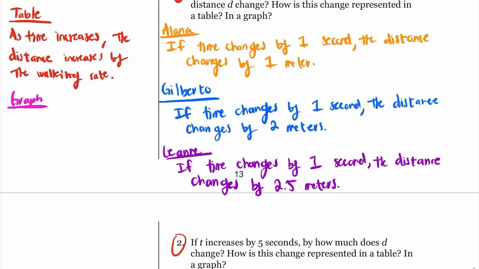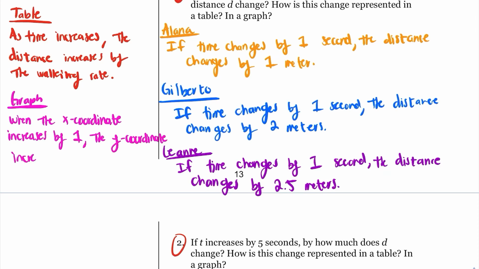Well, what about in the graph? How do we see these relationships? If time changes by 1 second, the distance changes by 1 meter. How do we see that in the graph? If you were to write out the coordinates for each point, you'll notice that when the x-coordinate increases by 1, the y-coordinate increases by the walking rate.